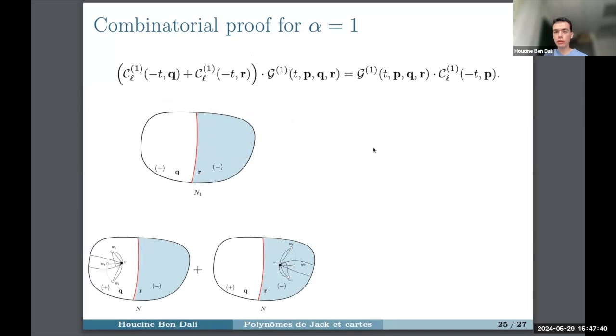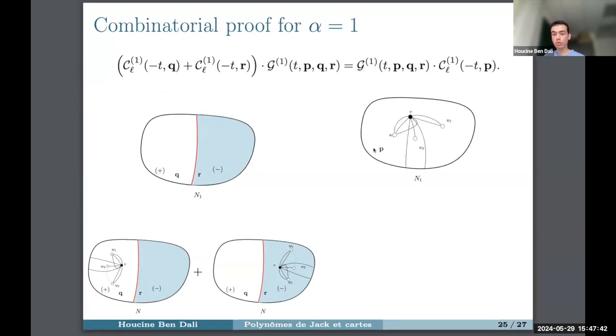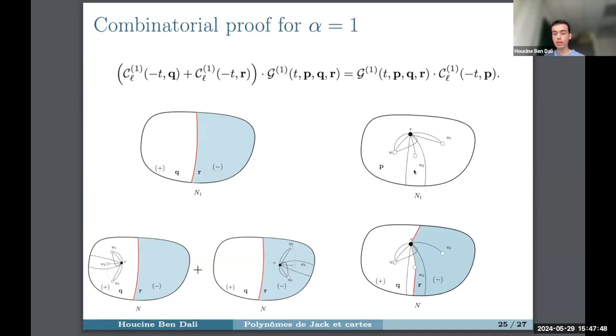What happens in the right-hand side is more interesting because we first add this black vertex and L new white vertices. And then we add the type 2 edges and we color faces. So what we can obtain is something like this, in which this added vertex is completely on the plus side. It can also be completely on the minus side, but things may be more complicated.